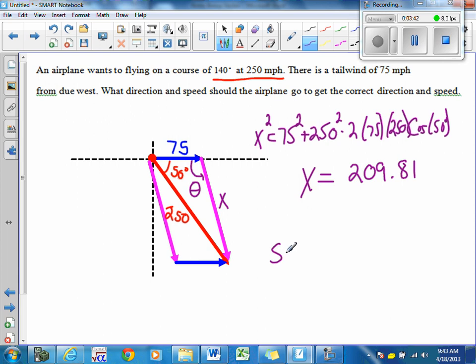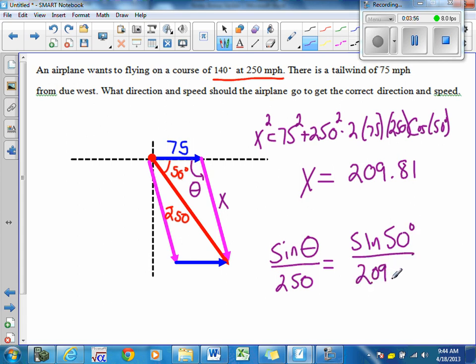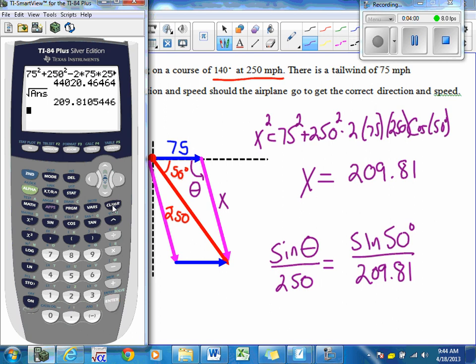So I have the sine of theta over 250 equals the sine of 50 over 209.81. So let's do that.